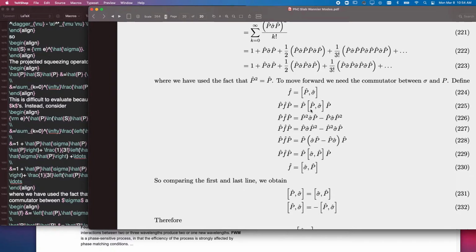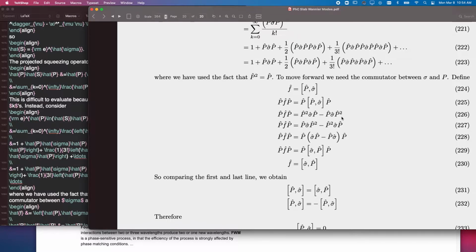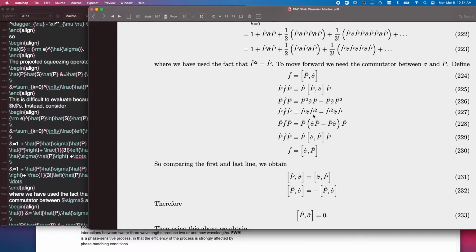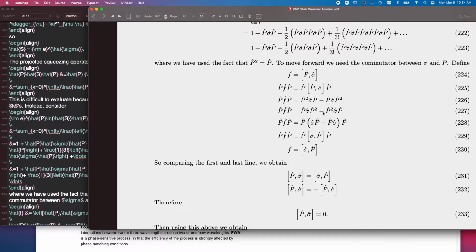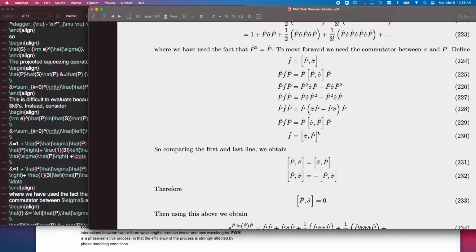And we just expand this commutator, so we'll get p sigma minus sigma p, all of that times p, so we'll get p squared sigma p minus p sigma p squared. Now we can write the p squared as p, or we can write the p as p squared. Nothing wrong with doing that. If we write it in this way, then we can bring the p's on the outside, and on the inside we just get sigma p minus p sigma, but that's nothing more than the commutator between sigma and p.